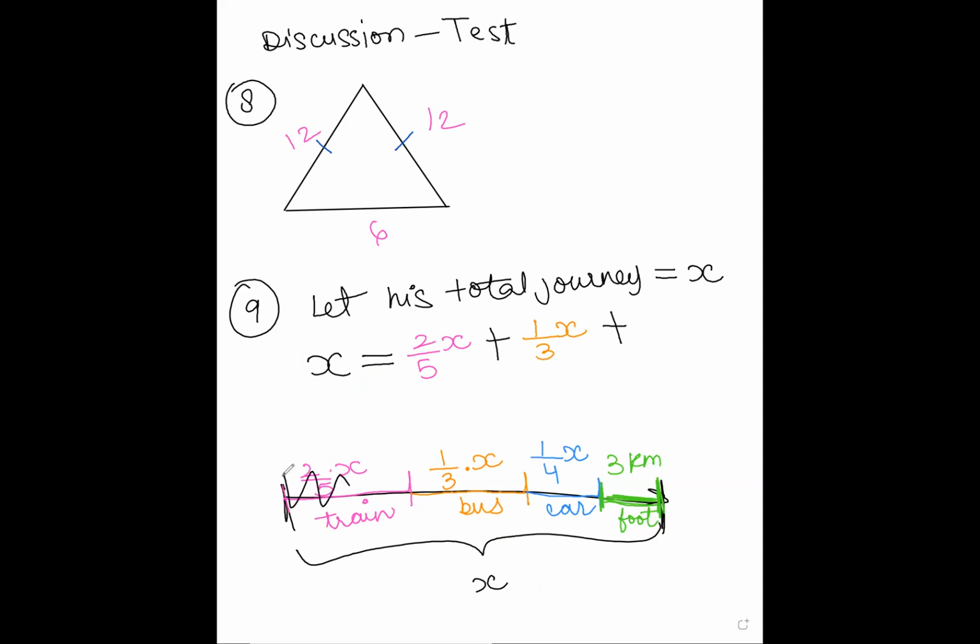All of these things added together make x, right? 1/3 of x plus 1/4 of x plus how much? Plus 3, exactly, plus 3.